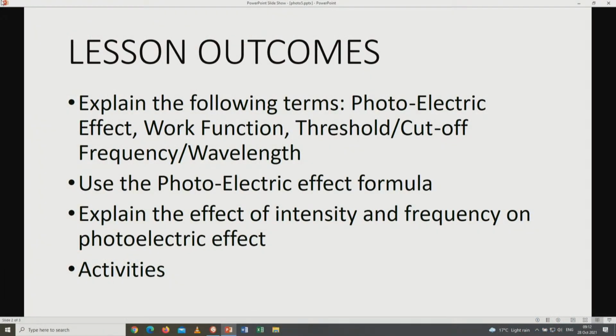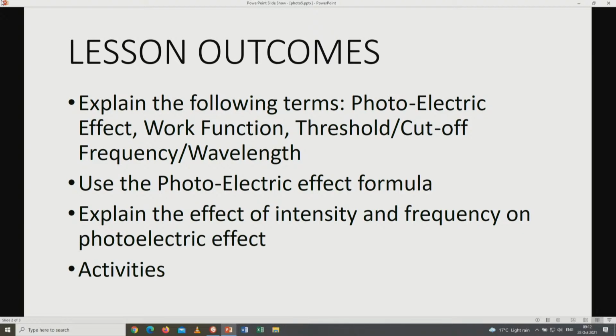The lesson outcomes are as follows. What we need to know from this topic are the following definitions. We must be able to explain what the photoelectric effect is, explain what work function is, and define threshold or cutoff frequency or wavelength.